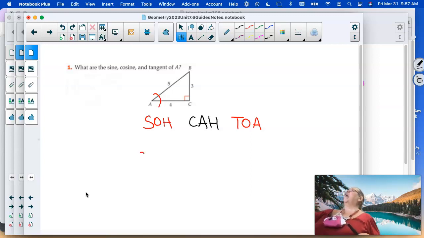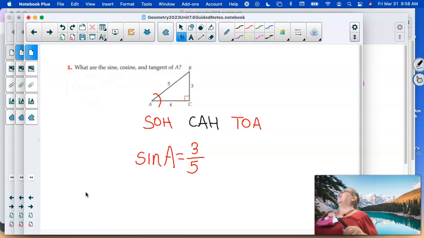The sine of angle A is going to equal the opposite side over the hypotenuse. The cosine of angle A is equal to the adjacent side over the hypotenuse. The connected side here is 4 over Harry the hypotenuse, which is 5.